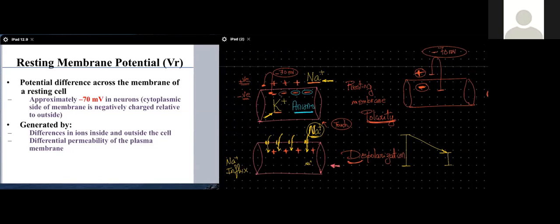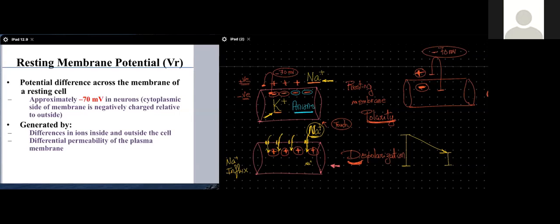Inside is negatively charged, and I lost the negative charge on the inside. Inside is becoming more positively charged. So I've lost my polarity. The phase in which you lose the membrane polarity is depolarization. I have lost my membrane polarity. It's a depolarized state.